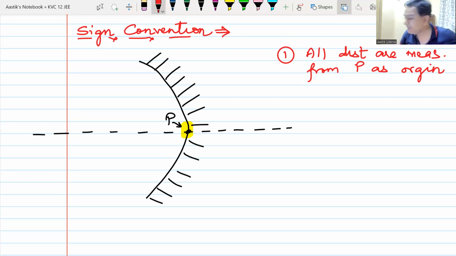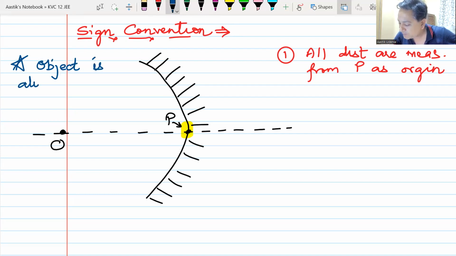Now, there's one more thing that you must remember. Whenever and wherever possible, the object is always placed on the left side. Remember, this is how we draw it. In 99.9% of the cases, the object is always on the left side.